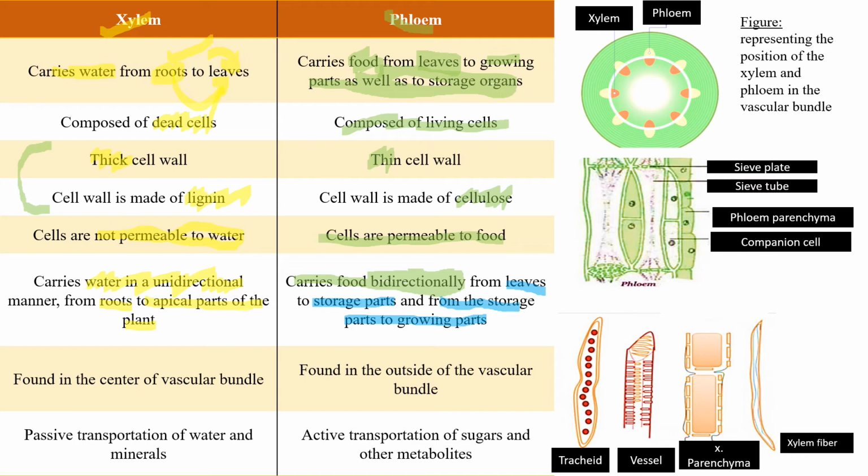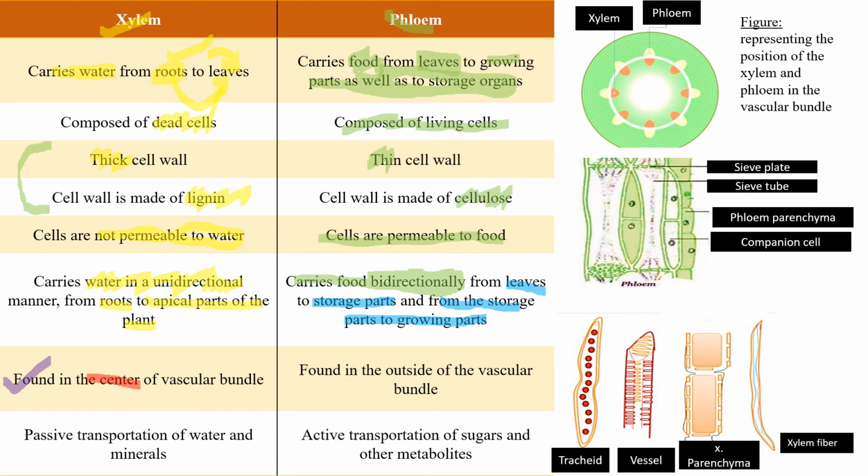The next question is, what is the location of them in the vascular bundle? Let us understand this with the diagram, which represents the position of xylem and phloem in the vascular bundle. The red ones are the xylem, and the yellow ones are the phloem.